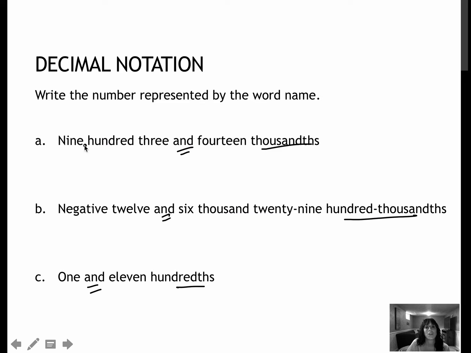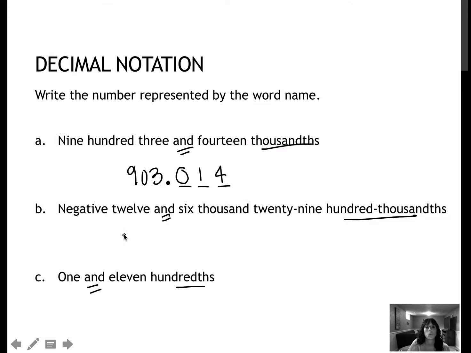So our first one, we have 903 and 14 thousandths. A lot of people want to just go straight to 0.14. Remember that the 14 needs to end in the thousandths place. So tenths, hundredths, thousandths. That means the 14 goes here. If I need to, then I just put any zeros for placeholders.